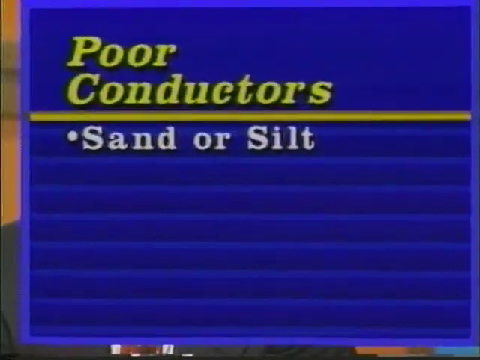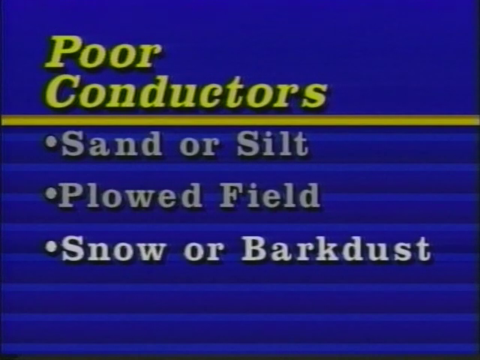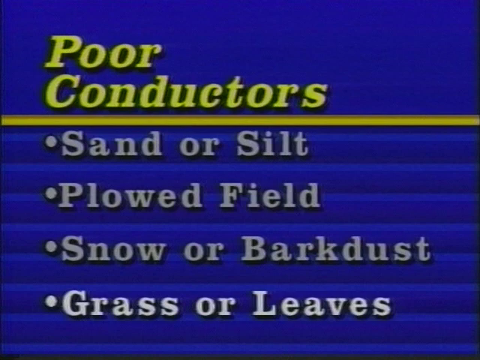Soil with air pockets like sand, silt, or a freshly plowed field, snow, bark, dust, grass, or leaves can be a problem if you're not using the correct microphone to hear the sound. Sand is the best example of soil which makes it difficult to hear sound being reproduced by a thump from below ground. When the sound waves reach the surface, a lot of energy must be released into the air before you can hear it.